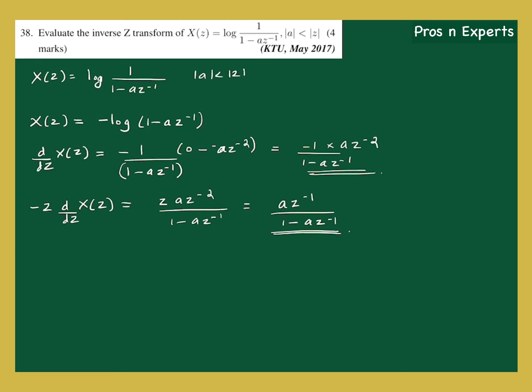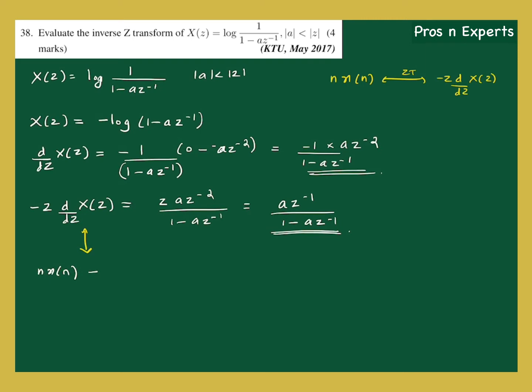We have the property of Z transform, which is called differentiation or frequency derivative property, which says the Z transform of n into x of n will be equal to minus z into d by dz of X of z. Okay, so from that property, whatever we have in this Z transform domain, its time domain will look like n into x of n.